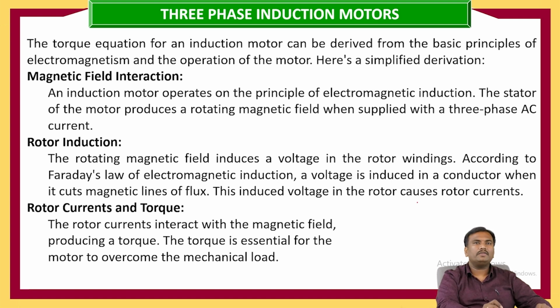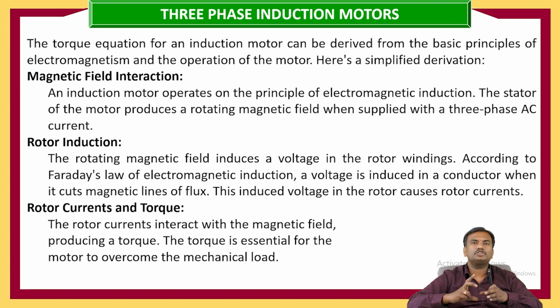And the next, how the torque is developed. Rotor currents and torque. Rotor currents interact with the magnetic field, producing a torque. The torque is essential for the motor to overcome the mechanical load, because the motor has to generate mechanical energy. So the mechanical energy is obtained with the development of the torque. Once the torque is developed, the rotor starts rotating.